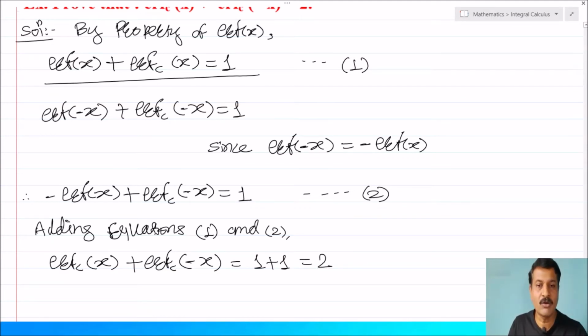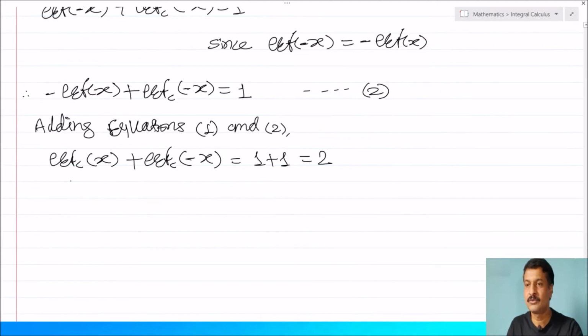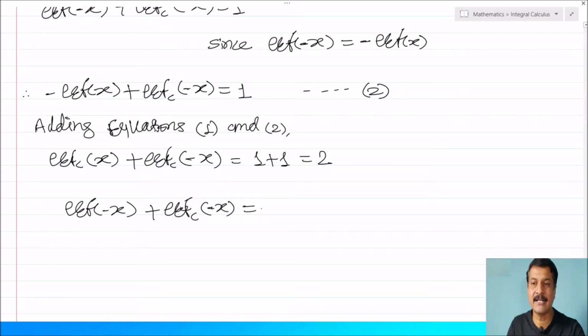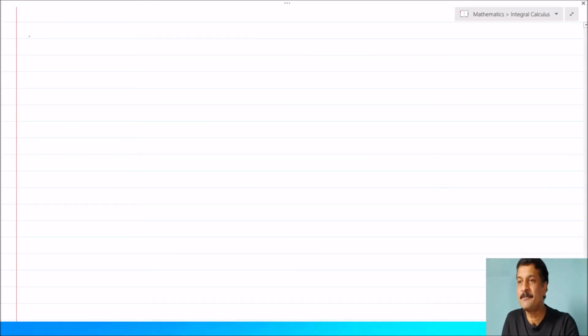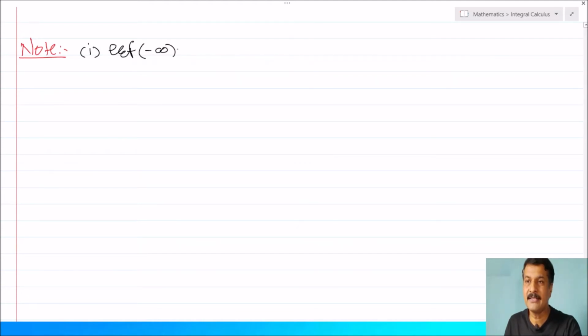So which we want to prove. So the result is complement of error function of x plus complement of error function of minus x, that is equal to 2. Hence proved.